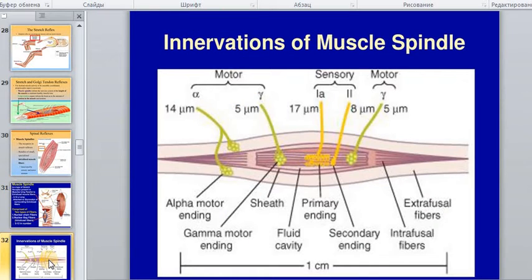So let's take a look at the muscle spindle, and you see there are intrafusal muscle fibers that don't contract.